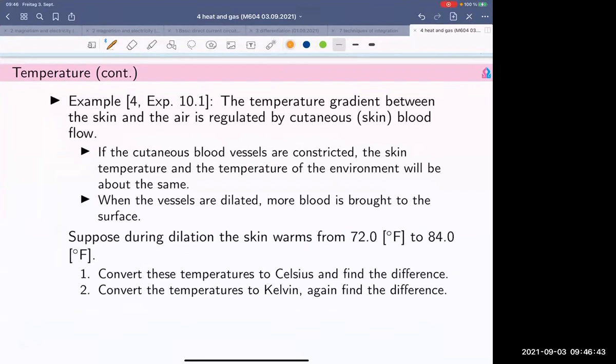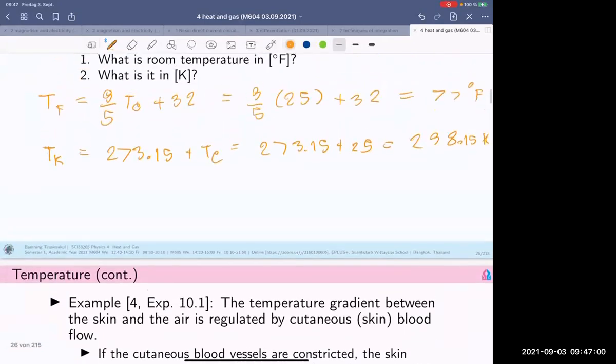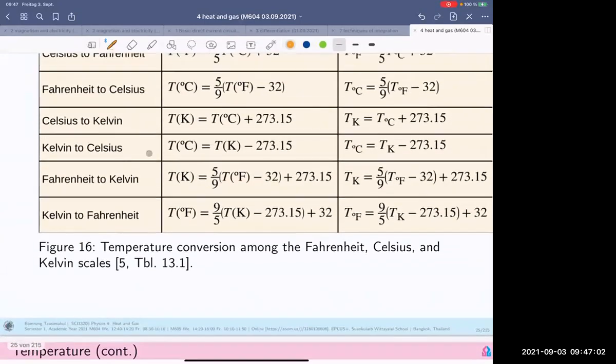Okay, we have to convert first the 72 to 84, in F to C. Let's take a look at the table. I also cannot remember.